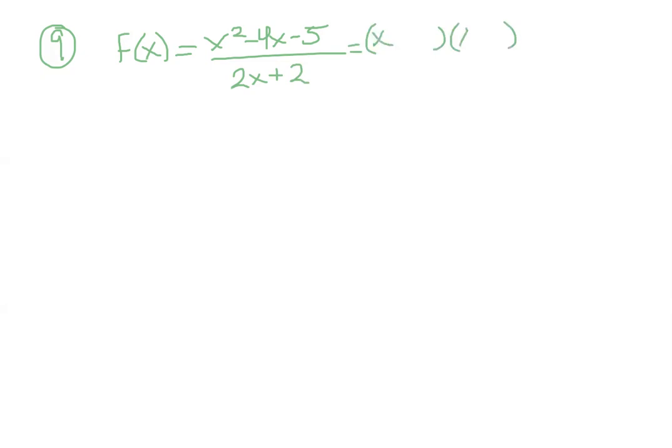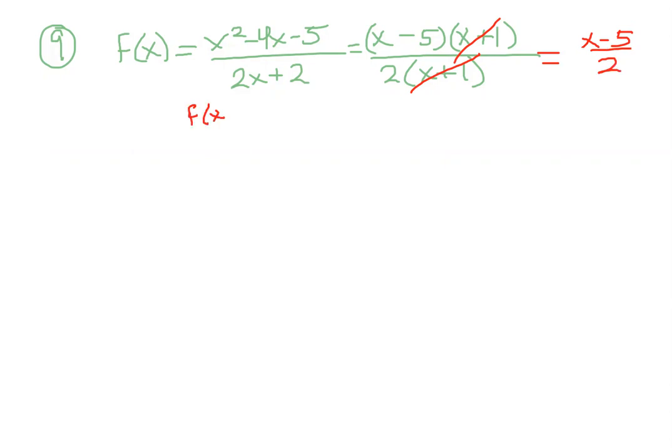What multiplies to give you negative 5 and adds to give you negative 4? Negative 5 and plus 1. And on the bottom, we can factor out a 2. And we get this. We can cross that off, and we get x minus 5 over 2. So our simplified equation is f of x equals x minus 5 over 2.